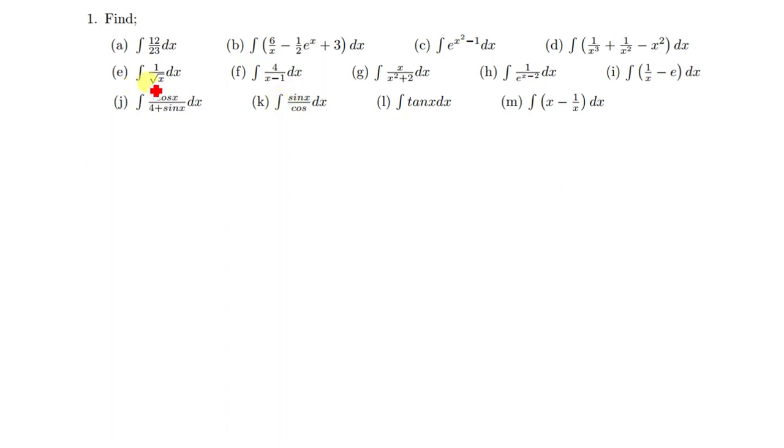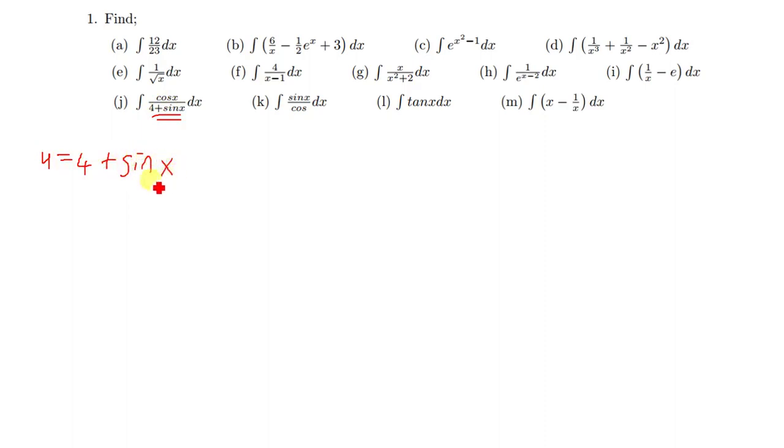For J, we can see that when we differentiate the denominator, we get the numerator as our solution. So the numerator can cancel with the derivative of the denominator. Hence, we're going to use U-substitution. Let u be equal to 4 plus sine x.